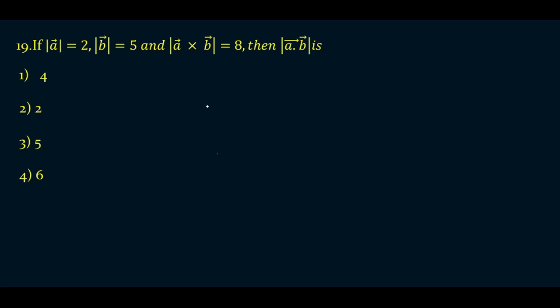remember one important result: magnitude of vector a cross b whole square plus magnitude of vector a dot b whole square is equal to, here you know that a cross b whole square means magnitude of a square into magnitude of b square into sin square theta. Similarly, a dot b whole square means magnitude of a square into magnitude of b square into cos square theta.